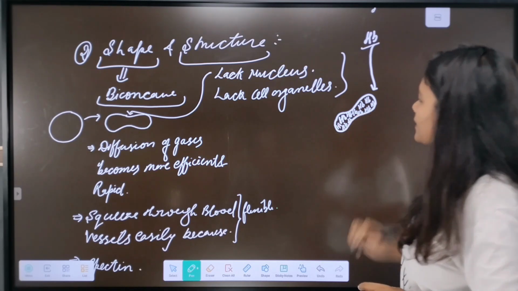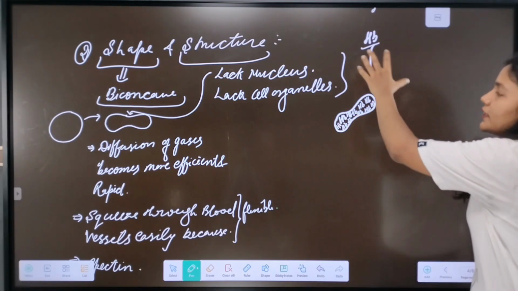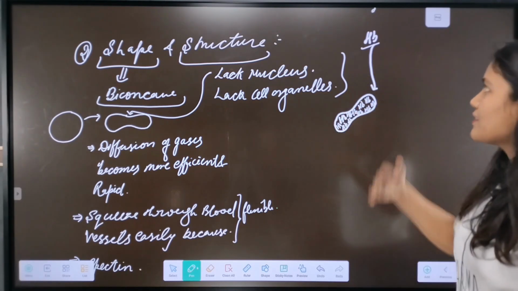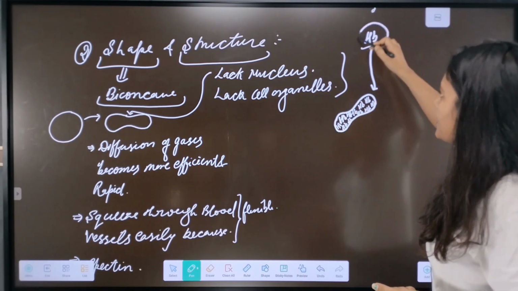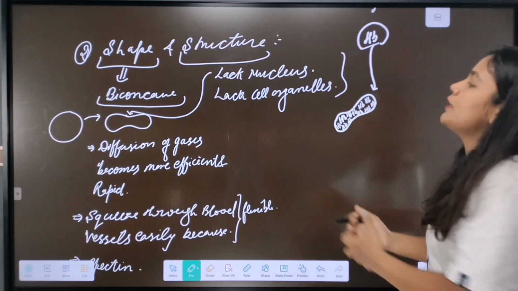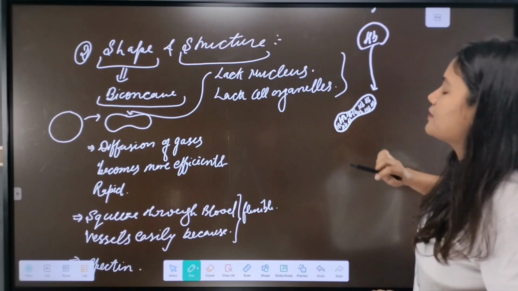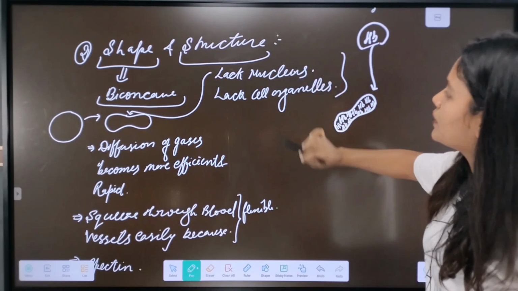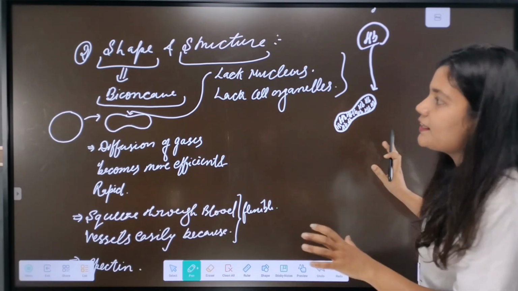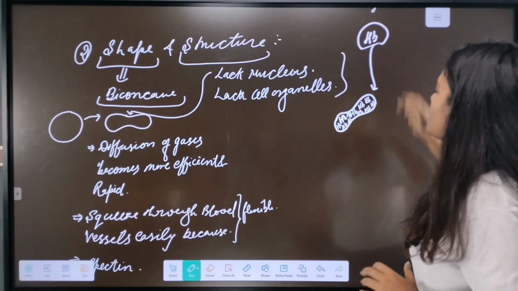Okay, so what is the advantage of it? What is the work of the RBCs ultimately? To transport the gases, and it is actually done by the hemoglobin, and there is much more hemoglobin inside these RBCs if there is no nucleus and no cell organelles. If the cell is empty, there will be more hemoglobin.